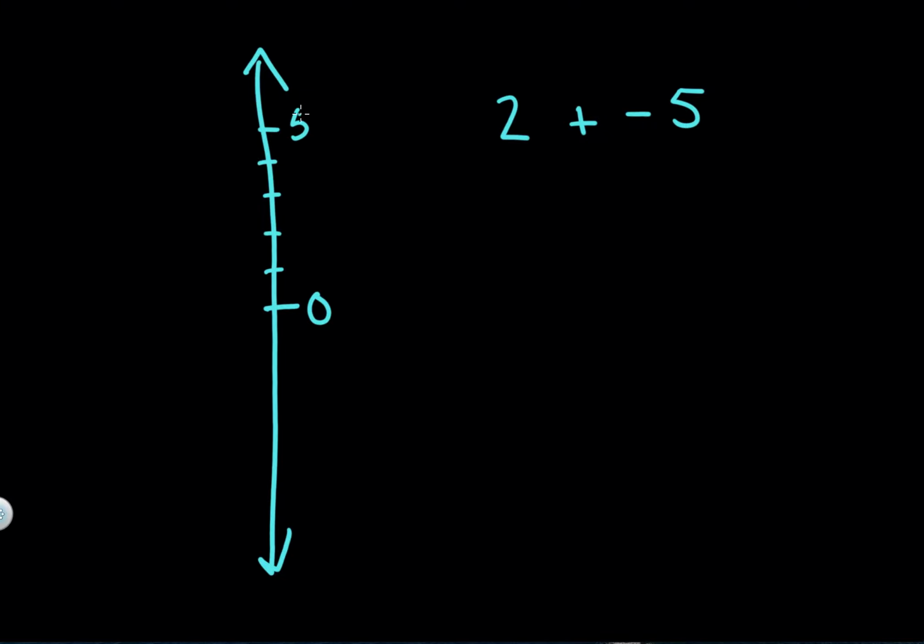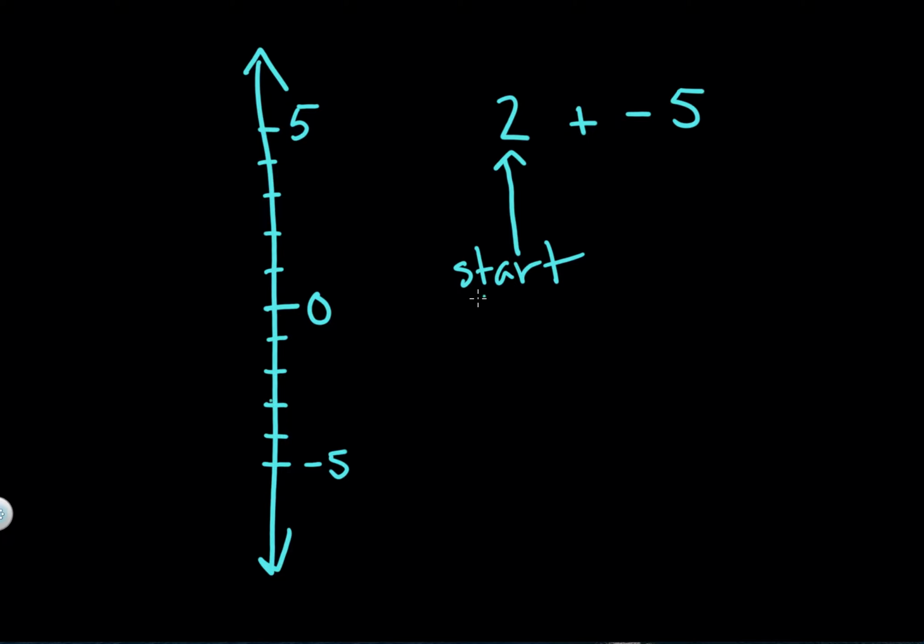And let's put a label on it, and we can count down: -1, -2, -3, -4, -5. All the same rules still apply, meaning this is my starting point.